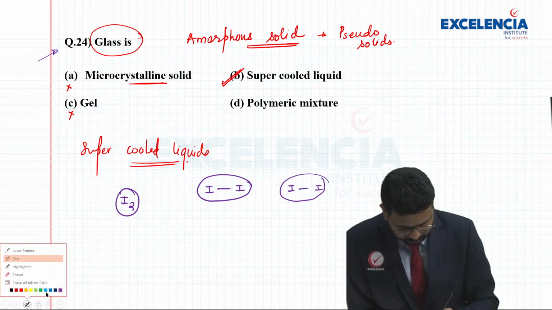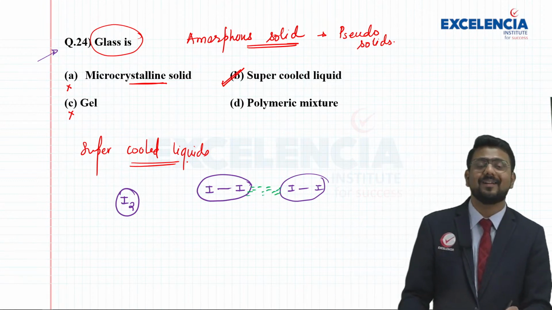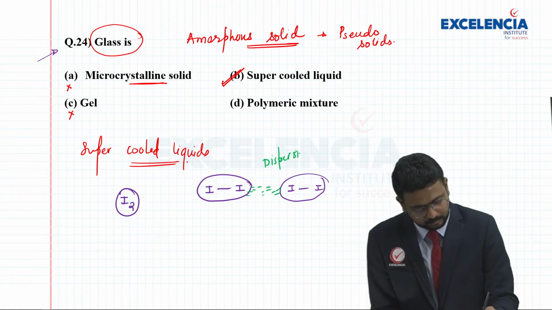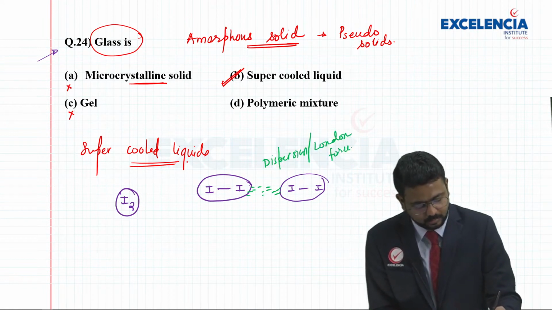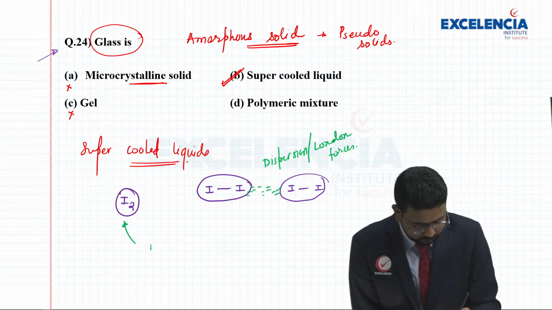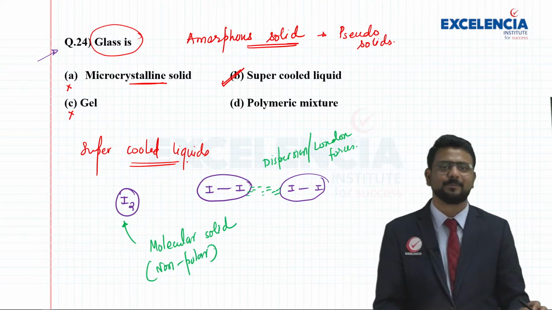So we can say here that these interactions which are here, they are simply weak van der Waals forces, dispersion or London forces. And that's the reason I2 will be a type of molecular solid. All the more, it is going to be a non-polar molecular solid.